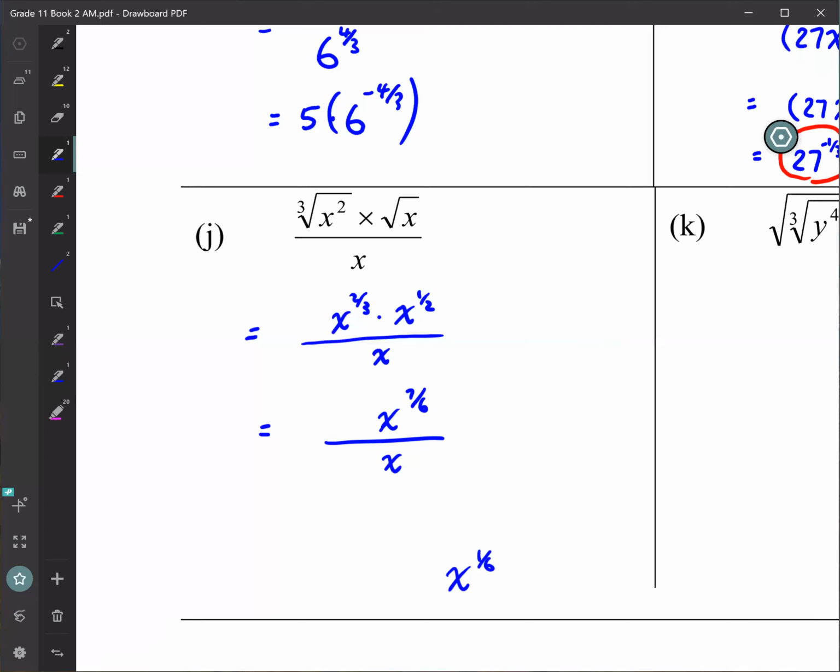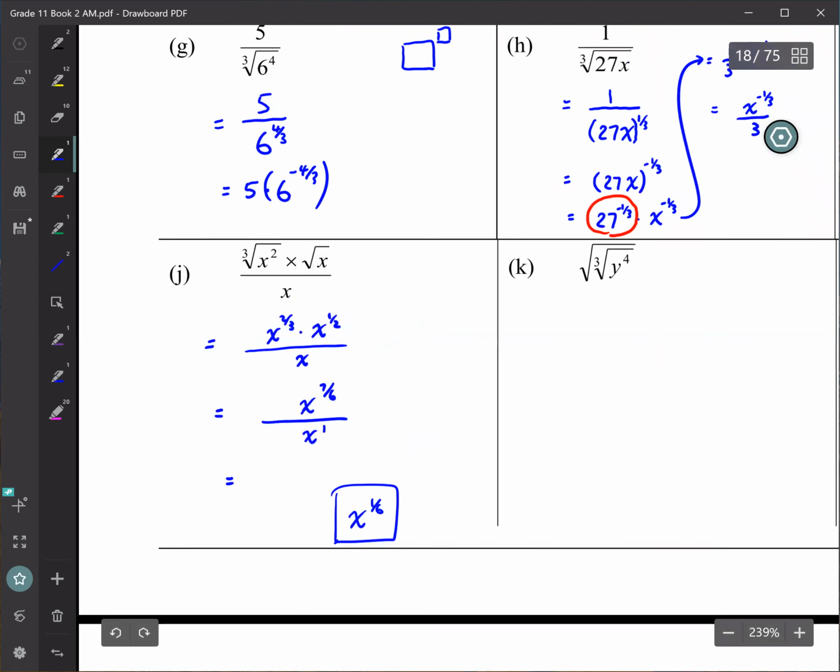Okay. And what would you do after that? Would you subtract 7/6 by 1? Yeah, very good, invisible 1. So if you subtract 7/6 minus 1, that should lead you to your x to the 1/6. You need to get a common denominator. Don't forget how to add and subtract fractions.